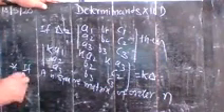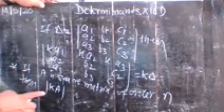If A is a square matrix of order n, then the determinant of k times A is equal to k to the power n into the determinant of A.